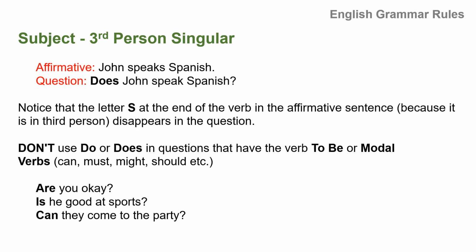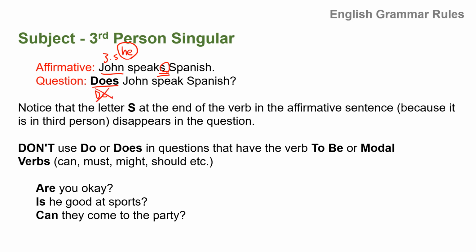Now, when the subject is third person singular. In this affirmative sentence, John speaks Spanish. John is third person singular, so we can use the pronoun he. So John speaks Spanish. And then because of this S, do becomes does.